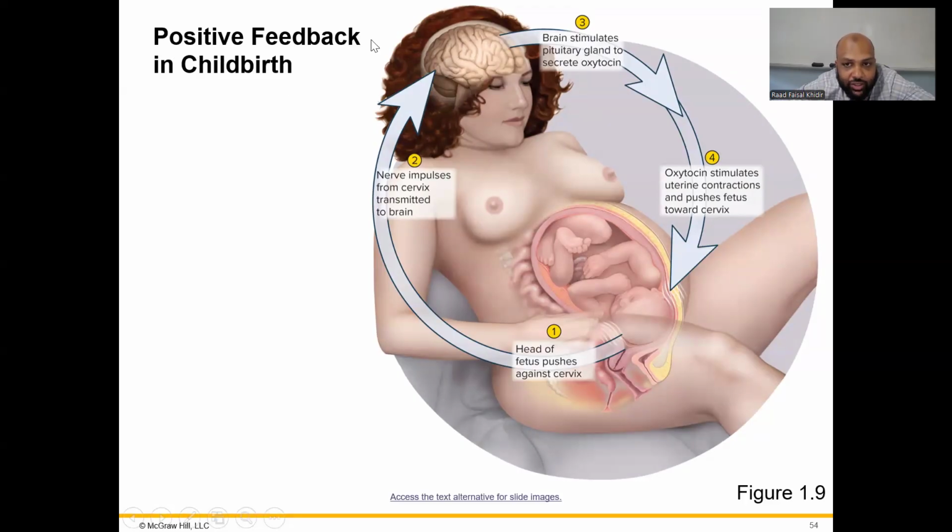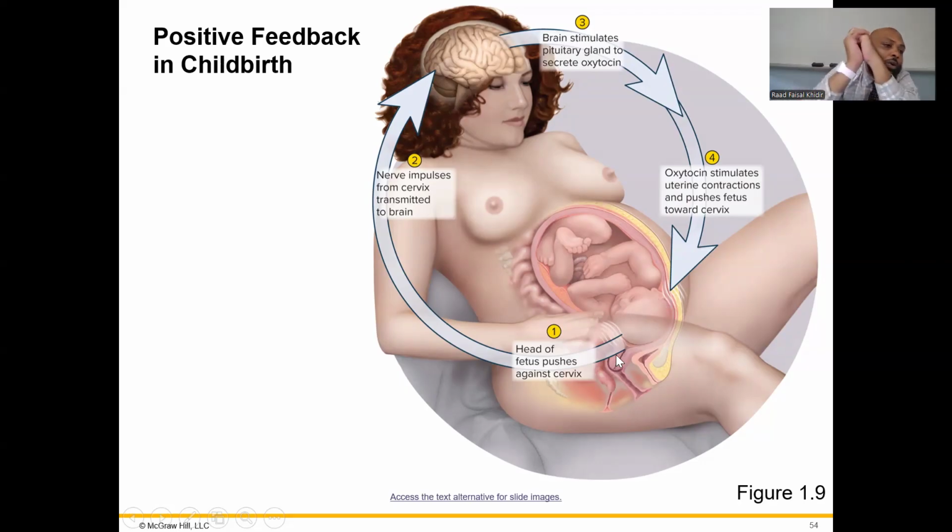Positive feedback in childbirth. So what happens is the brain stimulates the pituitary gland to secrete. What's happening? Number one, the head of the fetus pushes against the cervix. So there's a stretch. Who's the sensor here? Mechanoreceptors in the cervix.